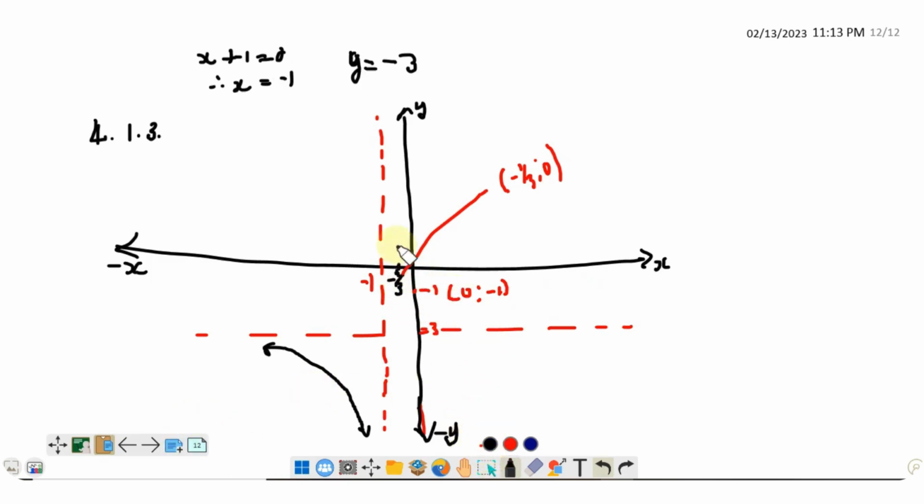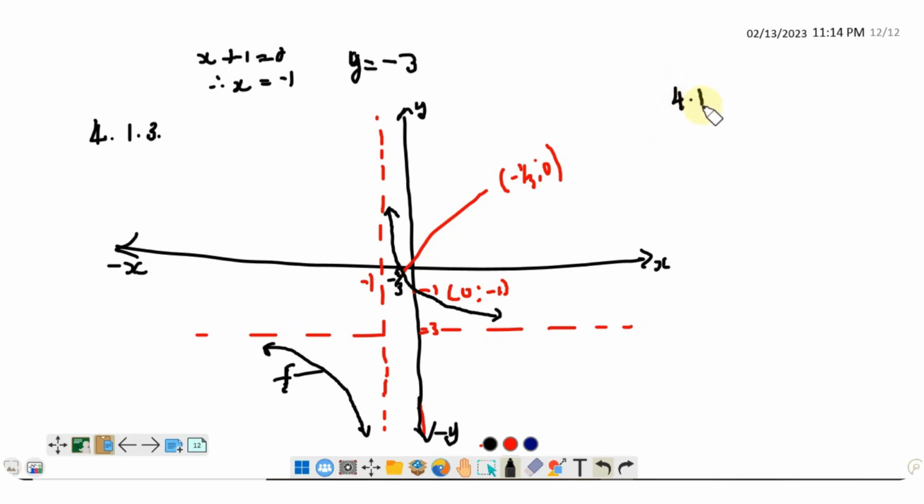It will pass through those 2 points, like that. That is the graph, guys. This is our graph of f. Right?